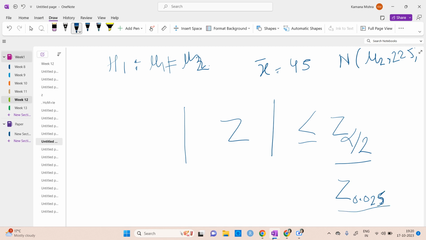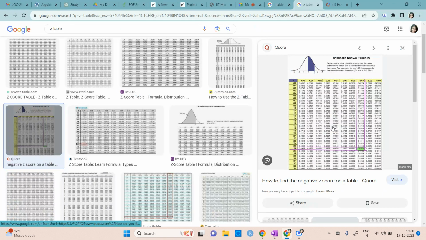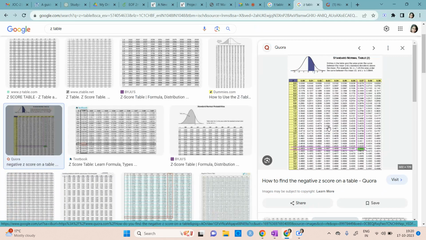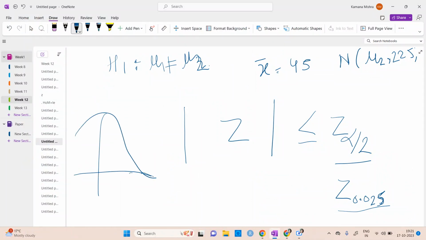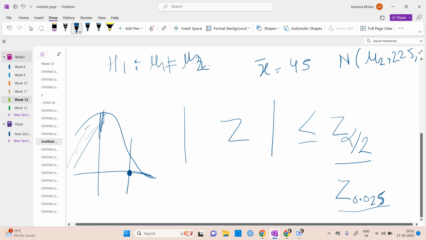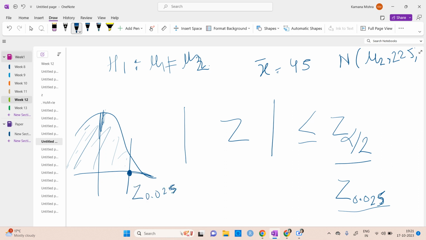So at that point, we are rejecting, so we take the table value where it is 0.975. This is 1.96 and this is 0.475.